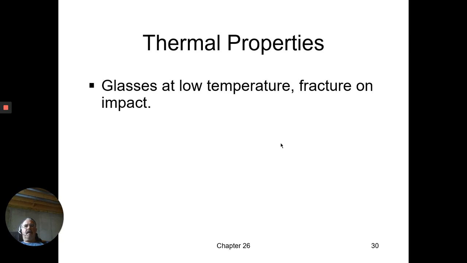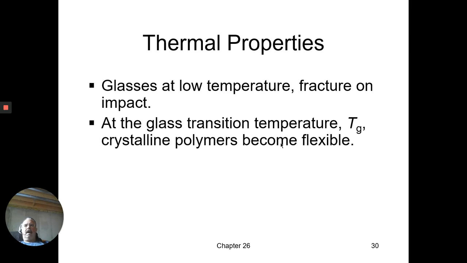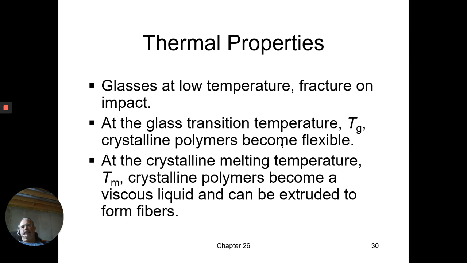Glasses exist at low temperature in polymers, and they fracture on impact. At the glass transition temperature, or T sub G, crystalline polymers become flexible. At the crystalline melting temperature, or TM, crystalline polymers become a viscous liquid and can be extruded into fibers.